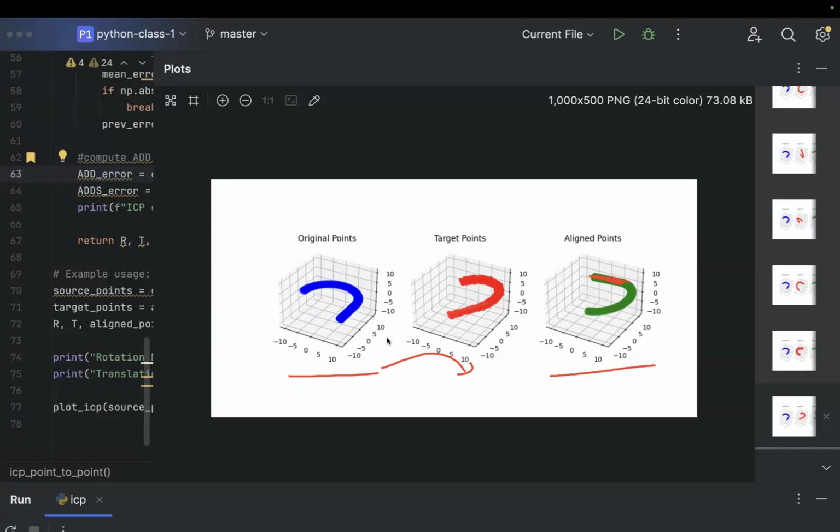You would need a different 3D option, but basically what happens is that this is a typically problematic system for an ICP, because if you are aligning this object to this object, you have two minima.